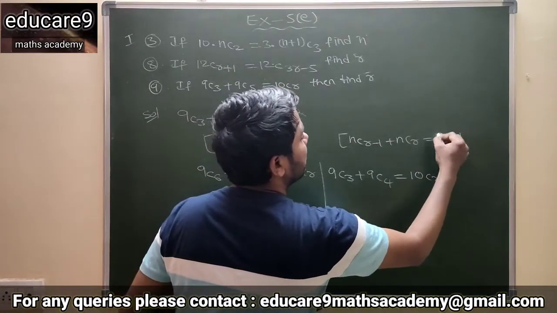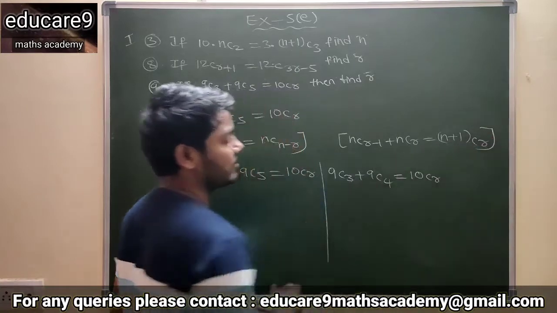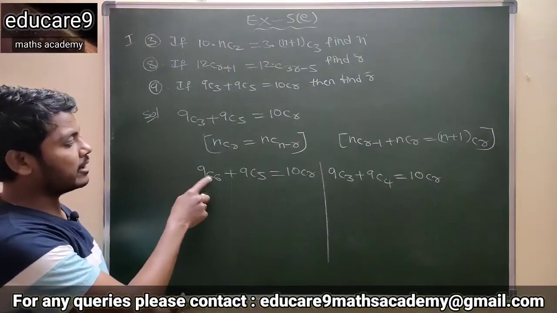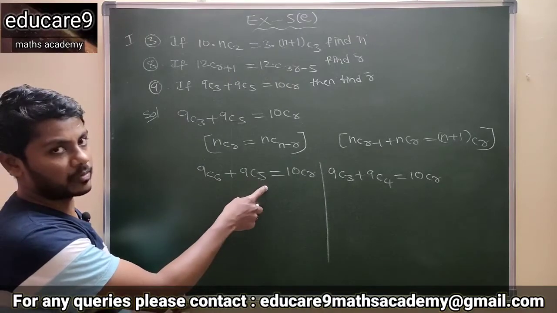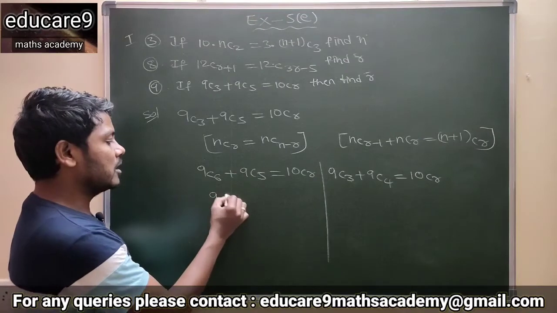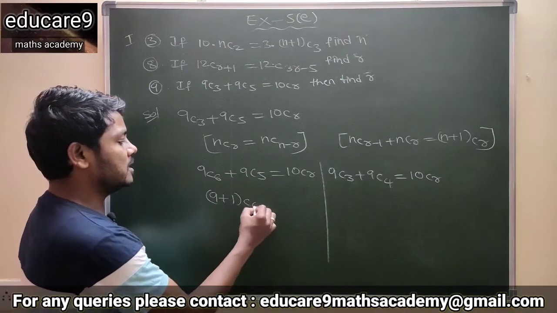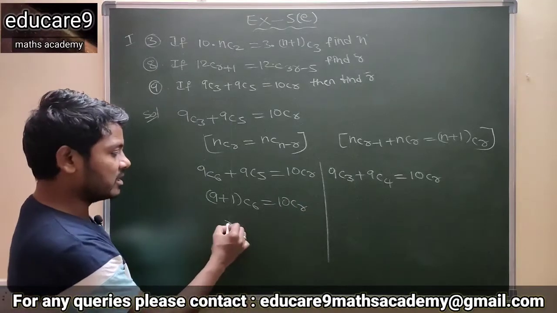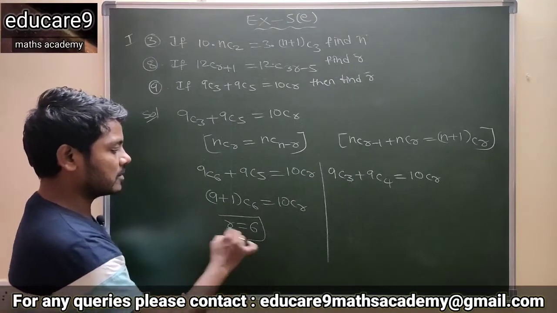This is (n+1)Cr. Okay. Now, it is in the form of nCr plus nC(r-1). How to write (n+1)Cr? This is (9+1)C6 is equal to 10Cr. So, clearly r is equal to 6.